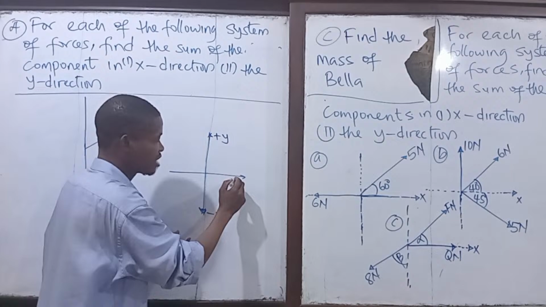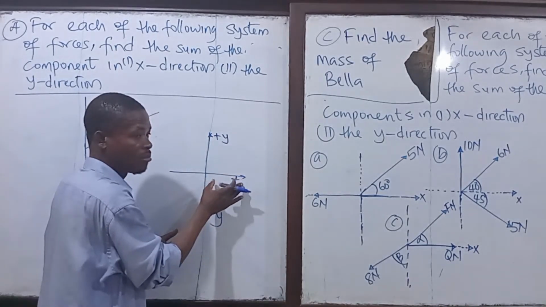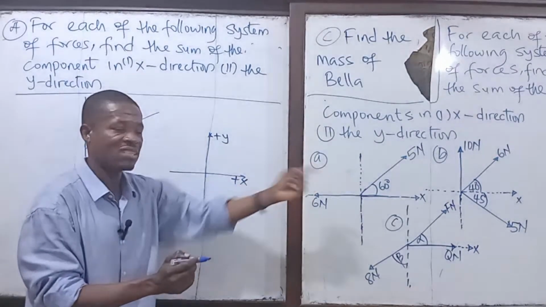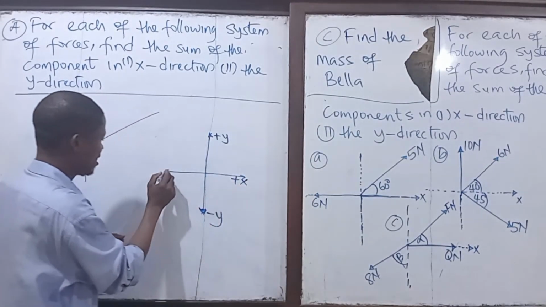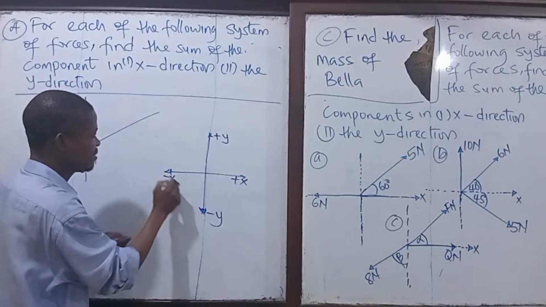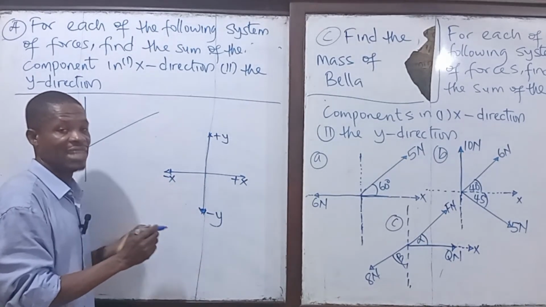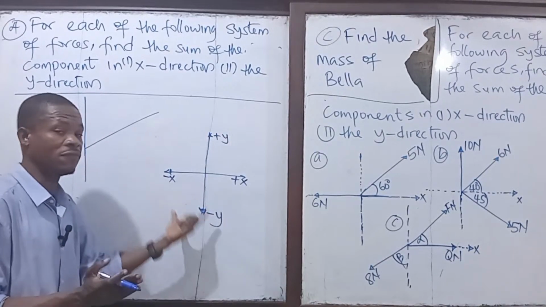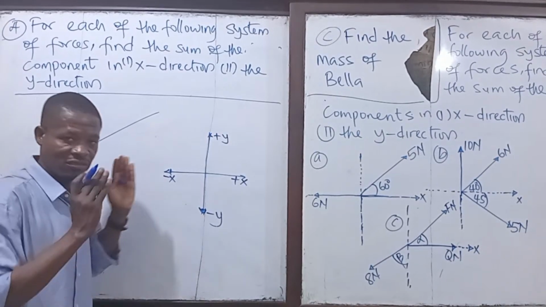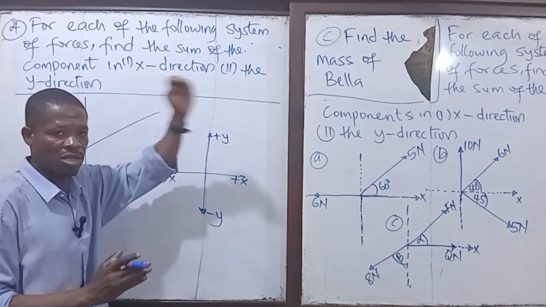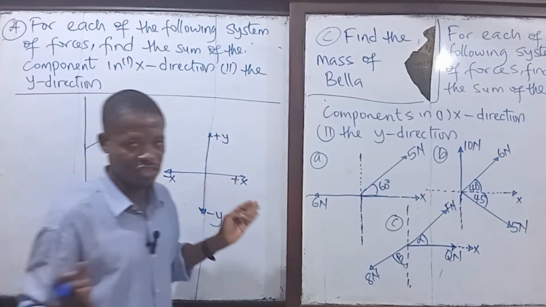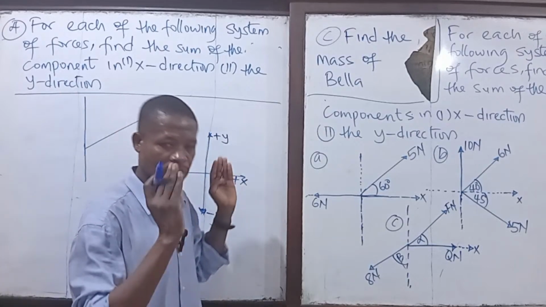Also, along the horizontal, anything on the plus x will be positive. Anything on the negative x-axis will be negative. That is the first thing you need to take into consideration, because this is a vector and direction is very important. Plus, minus signify direction, and it's very crucial.